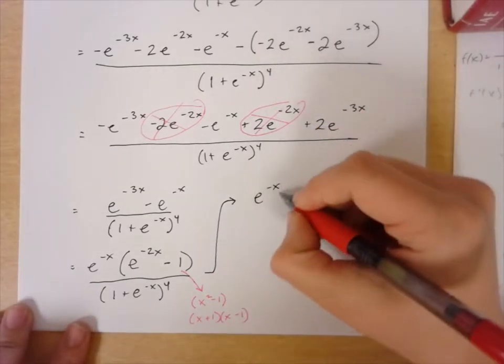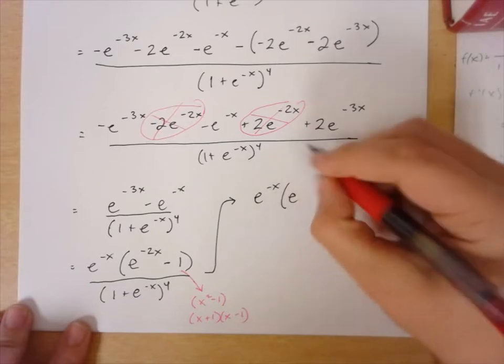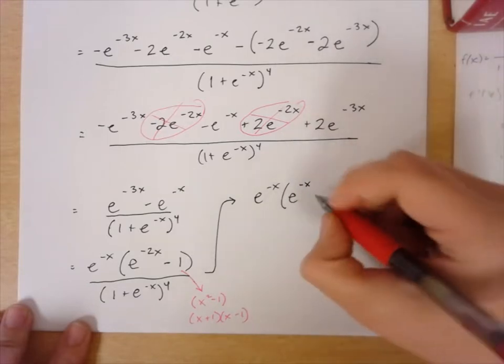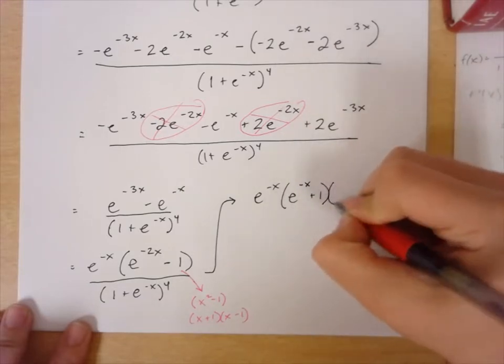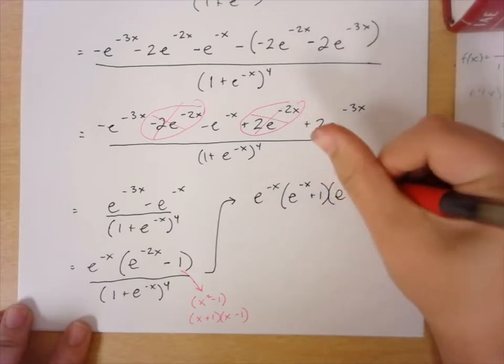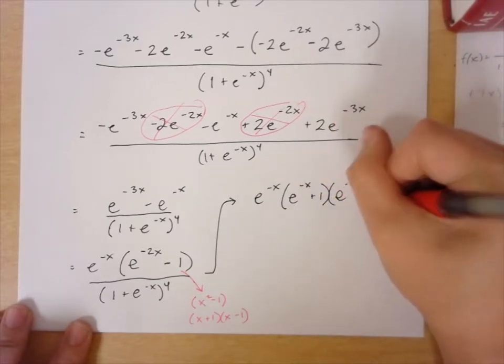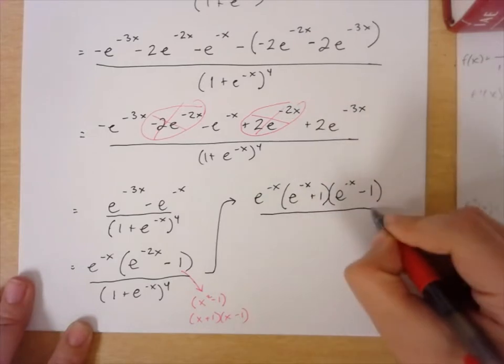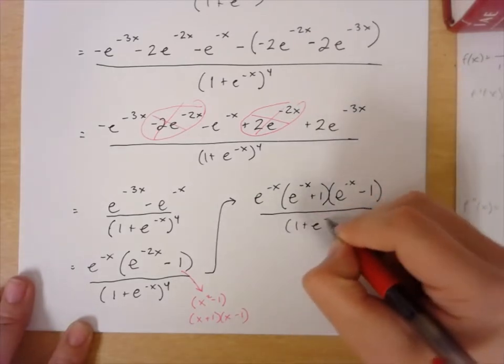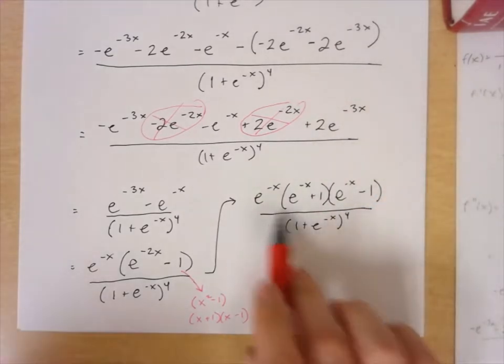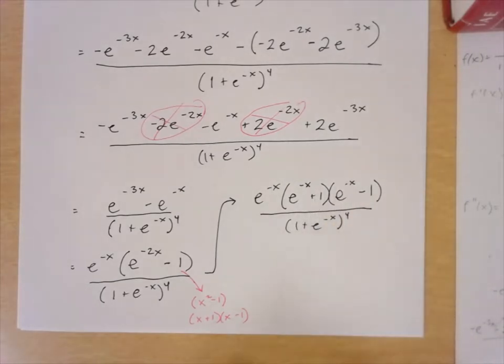e to the negative x outside, e to the negative x plus 1 times e to the negative x minus 1, all over 1 plus e to the negative x to the 4th. And again, we got that just from that property of binomials.